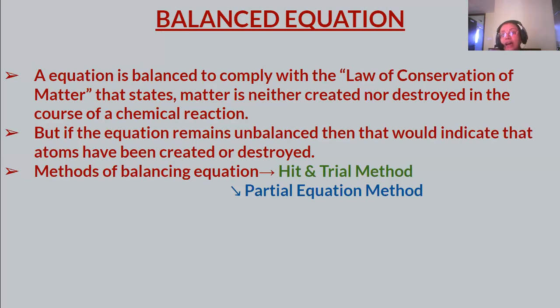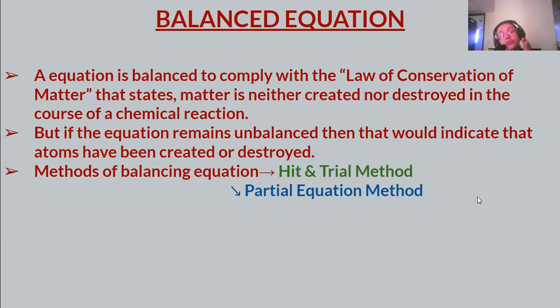To follow this rule, we use a law known as the law of conservation of matter. So matter is neither created nor destroyed. For that reason, we balance the equation. But if the equation remains unbalanced, then it would indicate that atoms have been created or destroyed.